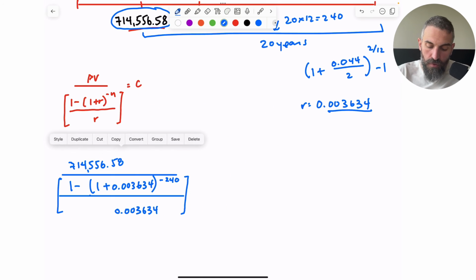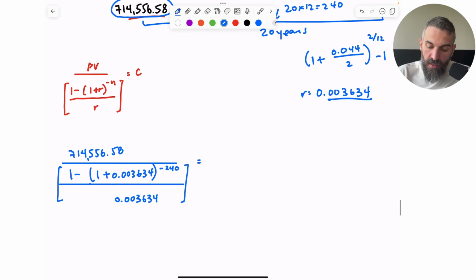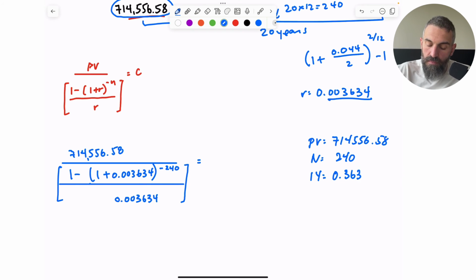For those of you doing it on the financial calculator, you're basically following the same thing. The present value is the same, $714,556.58. The N is 240. Your I/Y, multiply that by 100, 0.3634. Future value 0. Compute your payment.